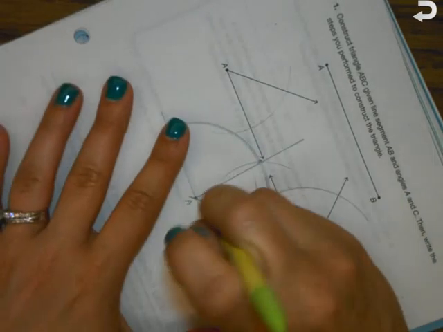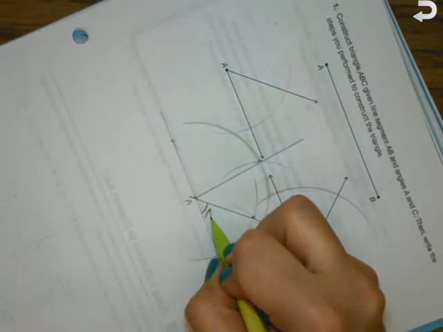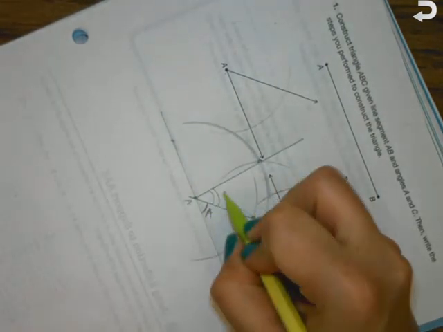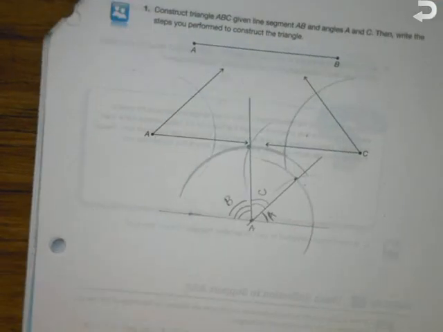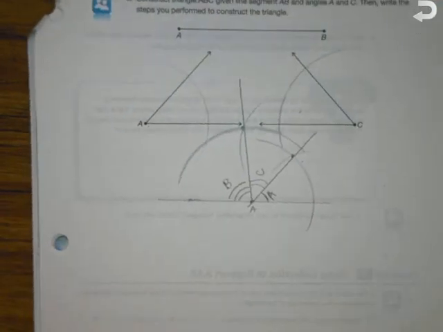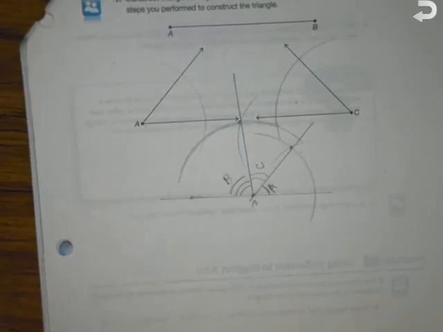This guy is angle C. So this guy has to be which angle? B. So we had to find angle B in order for us to construct the triangle. Okay? So we put the width on this line, so that this angle in between would be angle C.